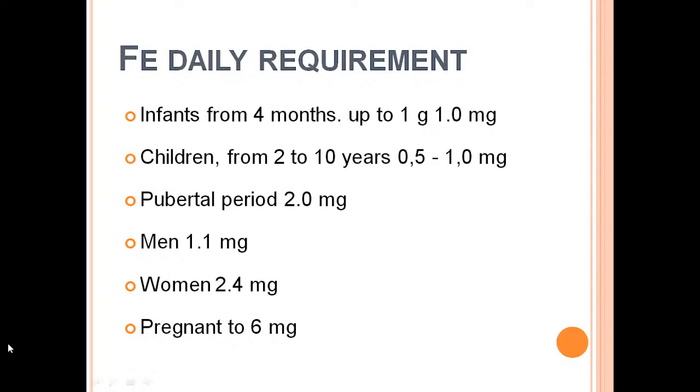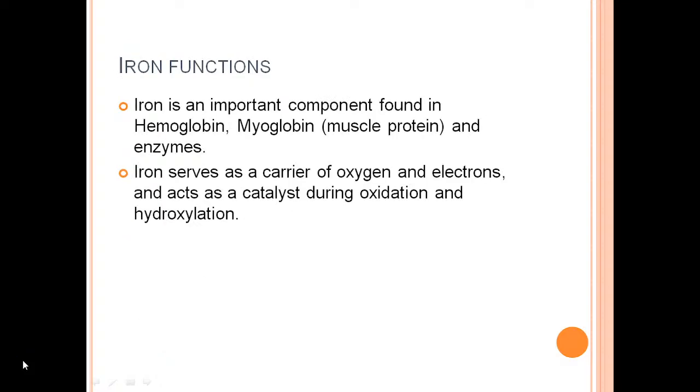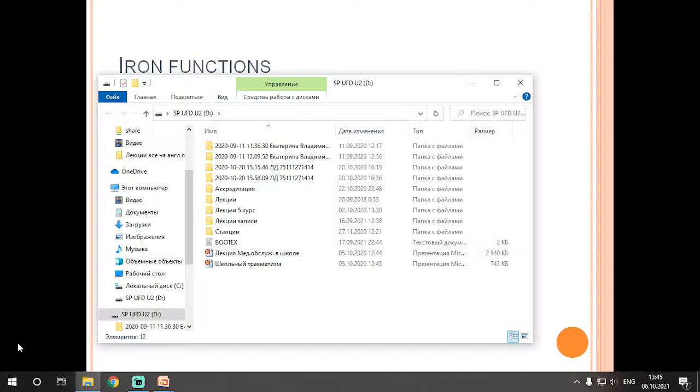For example, if you are a healthy man and you want to get your daily normal iron from food, you would have to eat a truck of apples, or you can drink vitamins, a vitamin complex, multivitamins, and we're talking about this in the next slides.